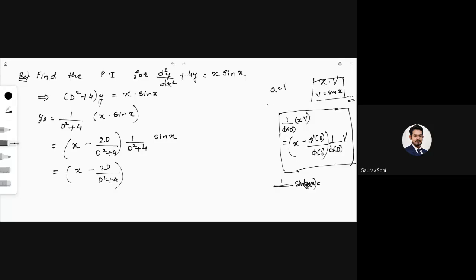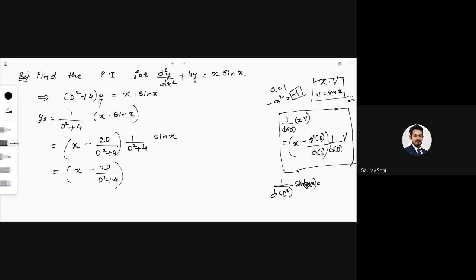Okay, so minus of a square will be minus 1, right? And 1 upon phi of d square, the rule is d square. Yes.